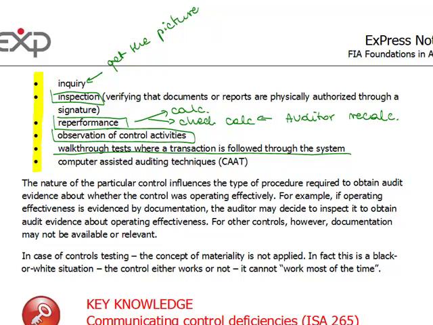Finally, you've got computer-assisted auditing techniques. They're usually used for a large volume of data and for IT security reasons.